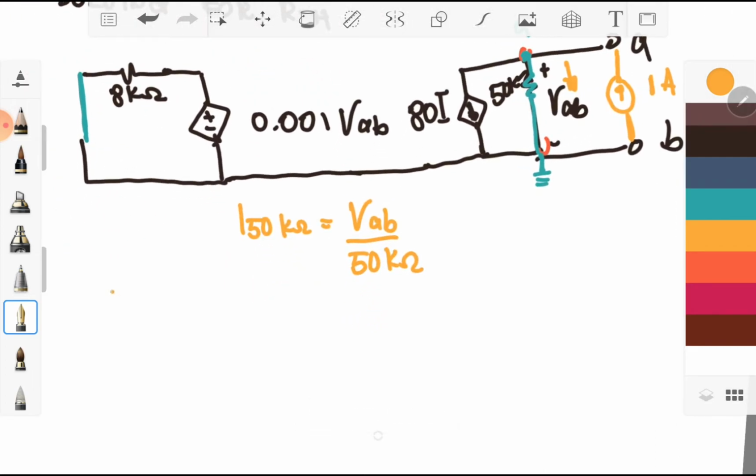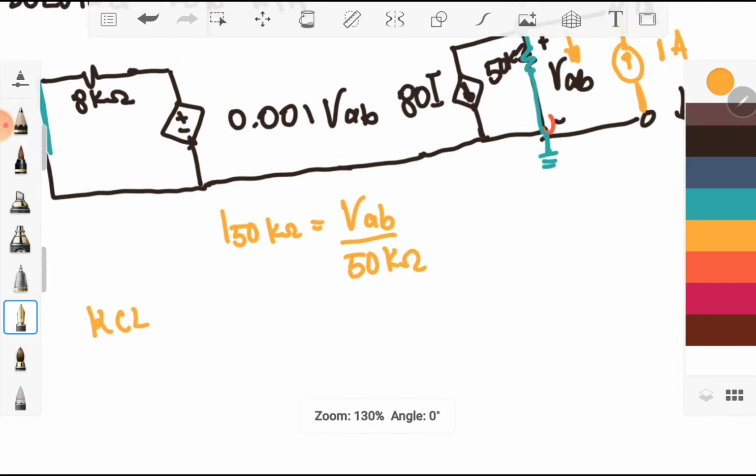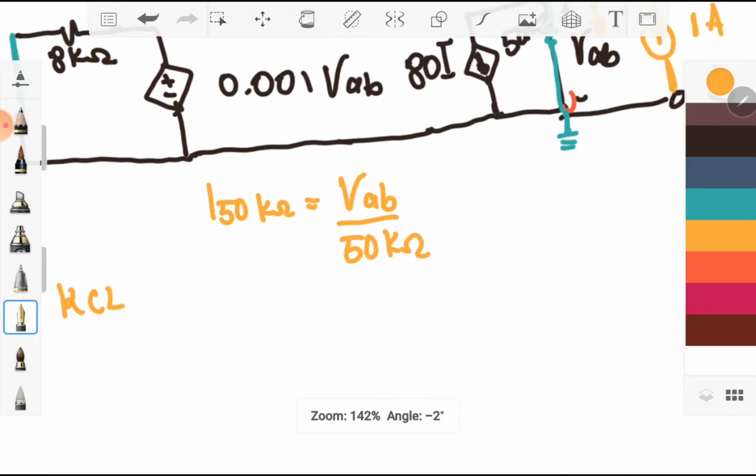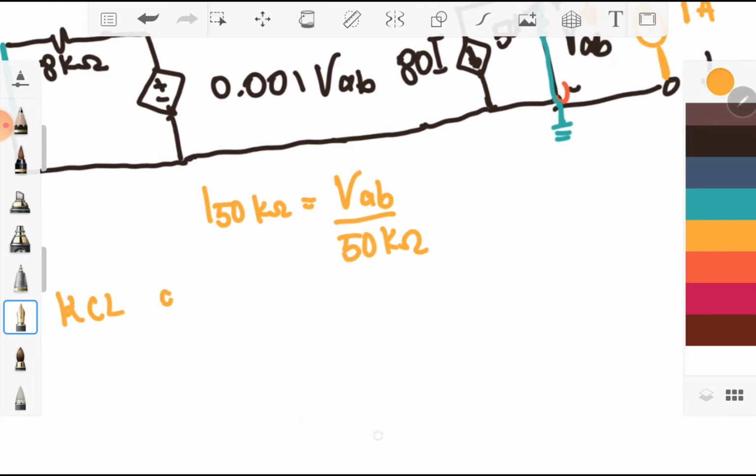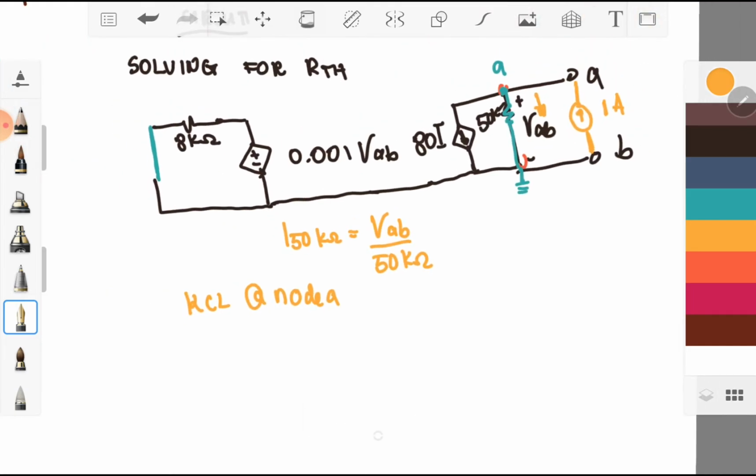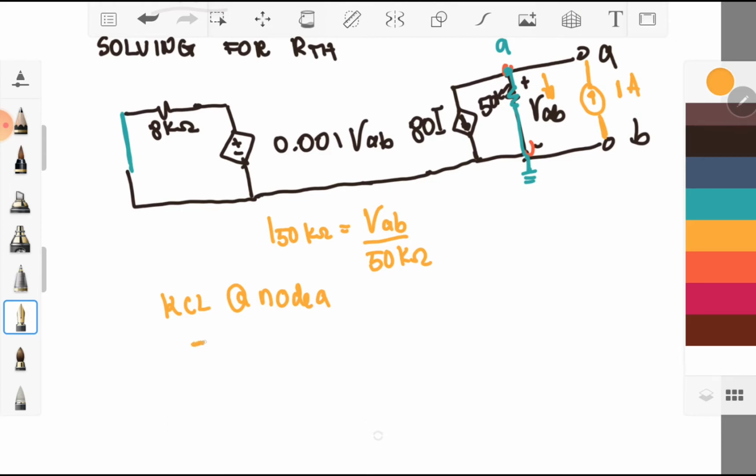So let's have a KCL at node A. So we'll have a current going into your node A. We have negative VAB, negative I 50 kilo ohm minus 80I plus the current 1 ampere equals 0 via conservation of charges.